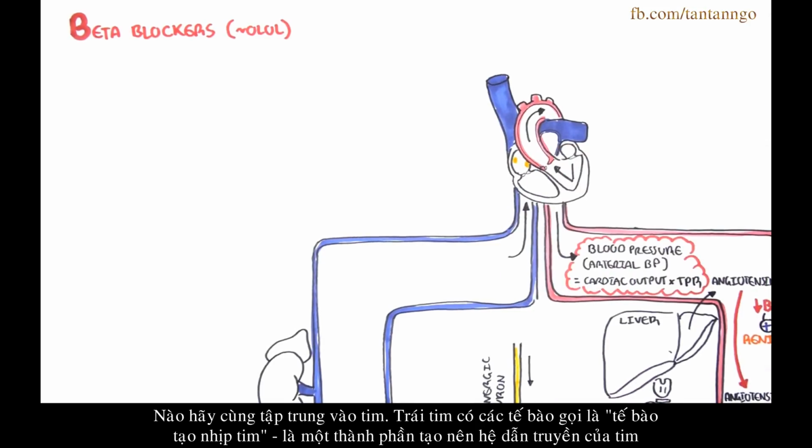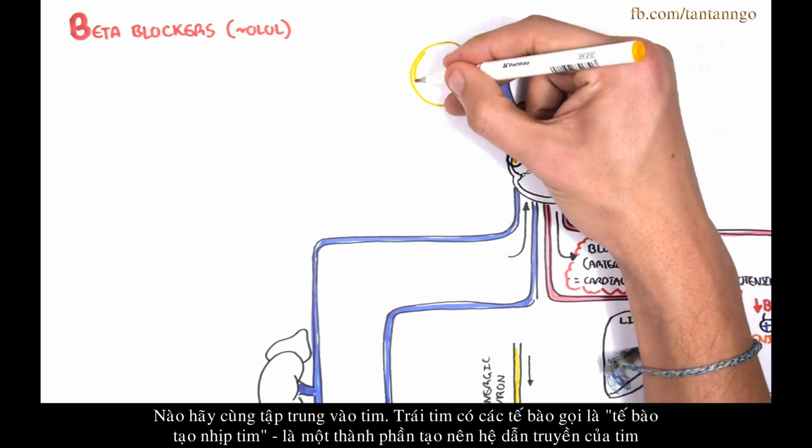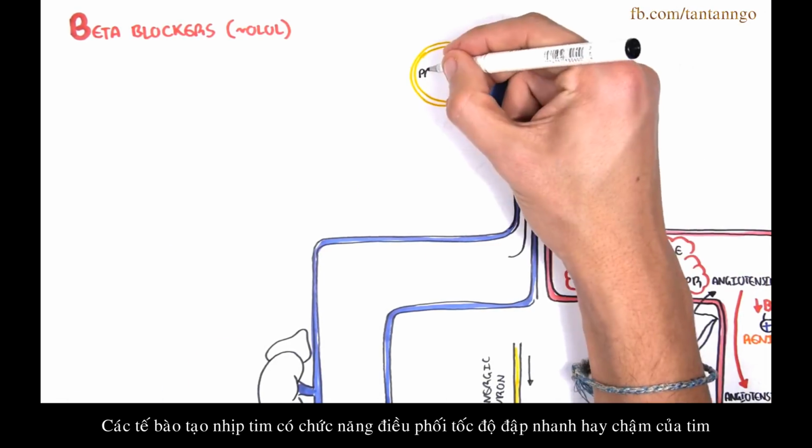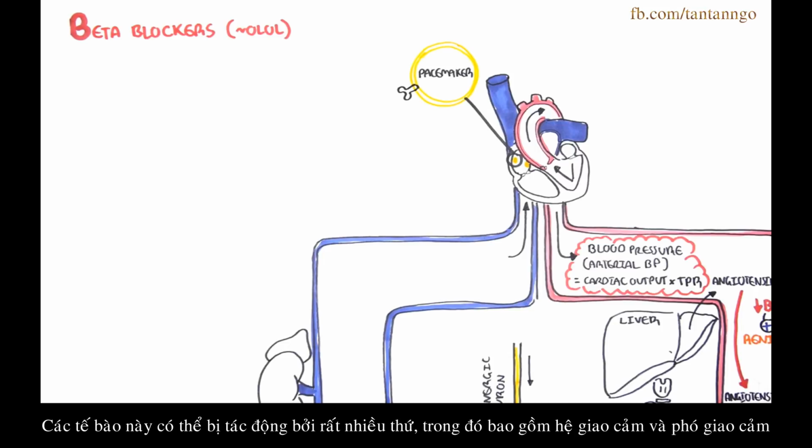The heart has cells called pacemaker cells, which make up the conduction system of the heart. The pacemaker cells regulate the heart rate, so how fast your heart is pumping. The pacemaker cells can be influenced by many things, including the parasympathetic nervous system and the sympathetic nervous system.